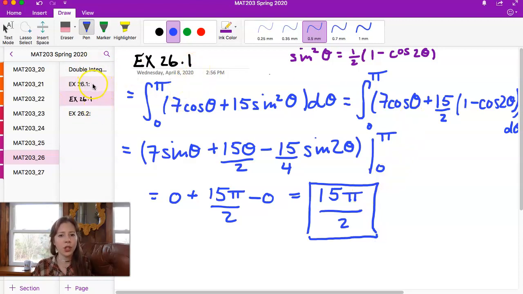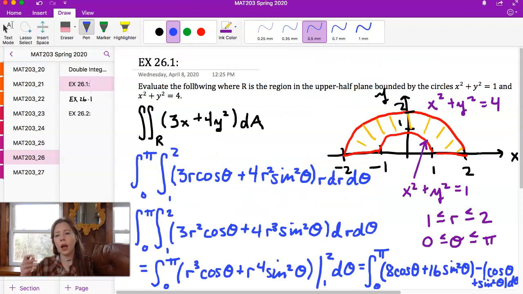Right, and you can test this out. Remember that the equation for the area of a circle is pi r squared, and you have a radius of 2, so it's going to be 4 pi minus pi, right?